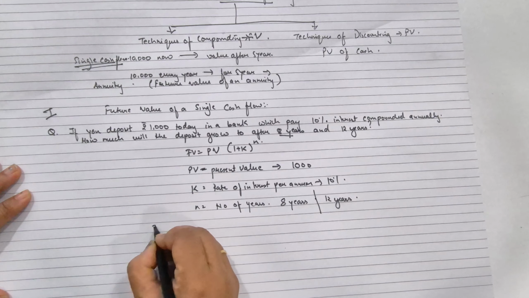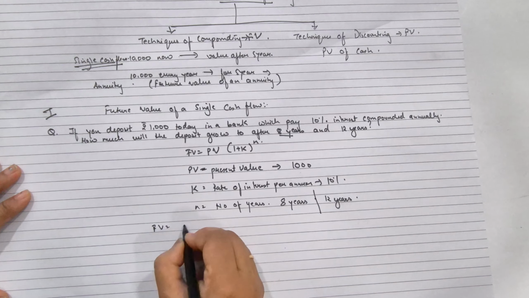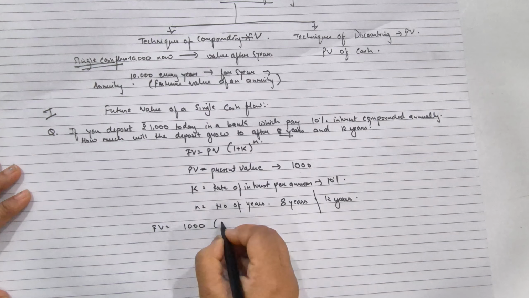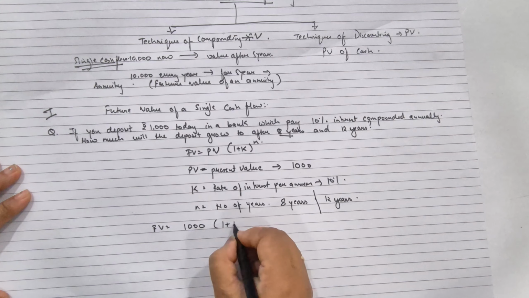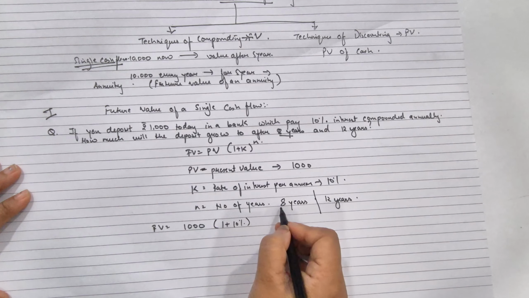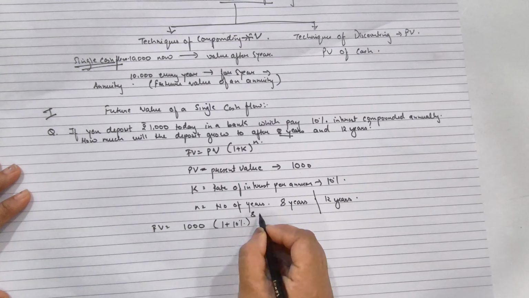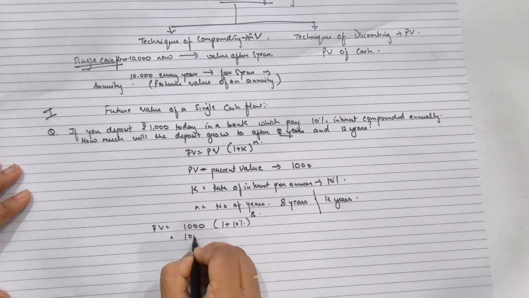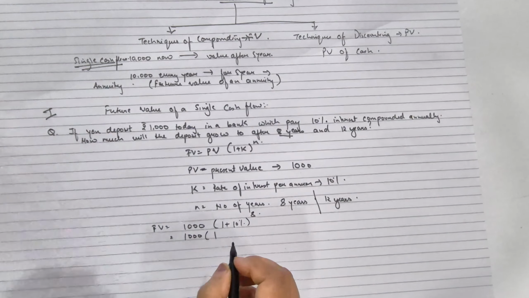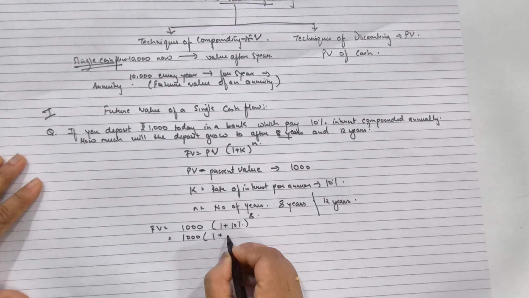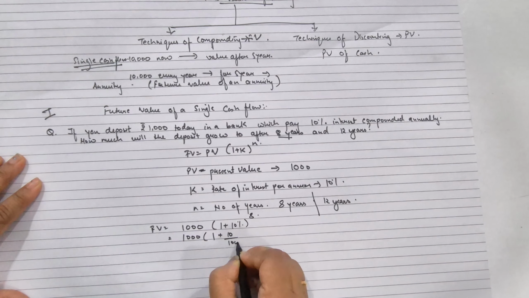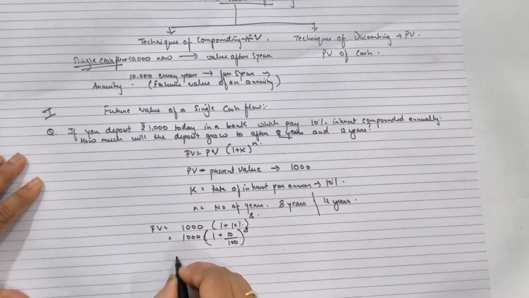Fine. So now shall we apply this formula? We have to calculate the future value. Present value is given, 1,000. First you will calculate for 8 years. This is 1,000, and this is 10%. So we will do 1 plus 10 upon 100 to the power 8.